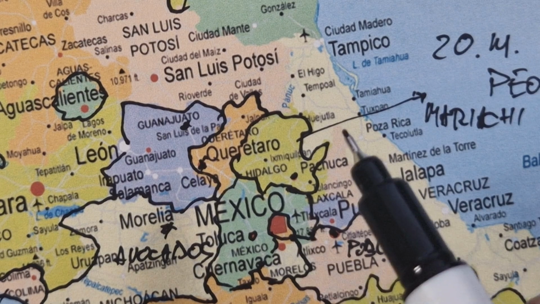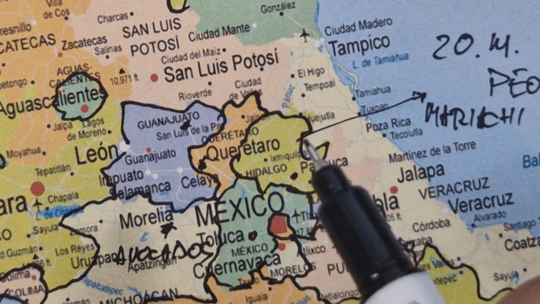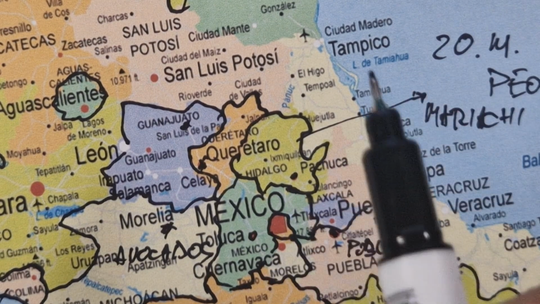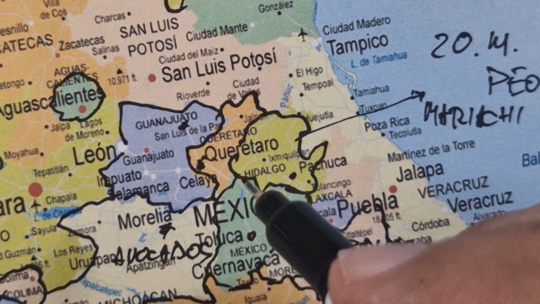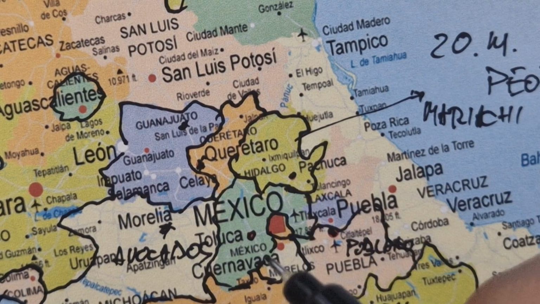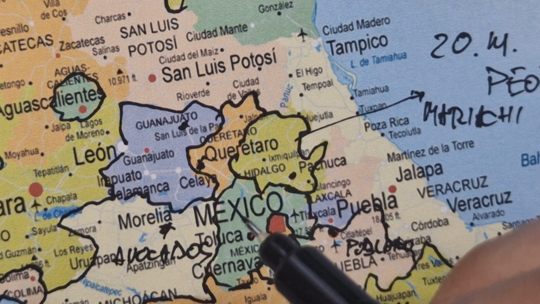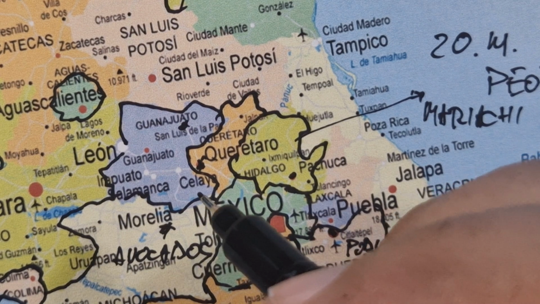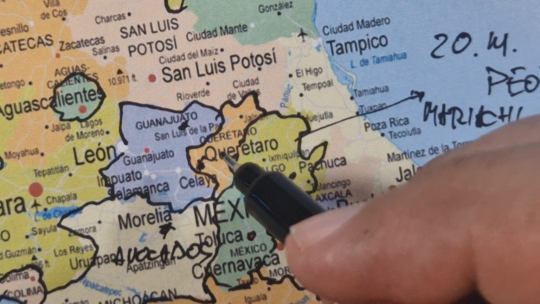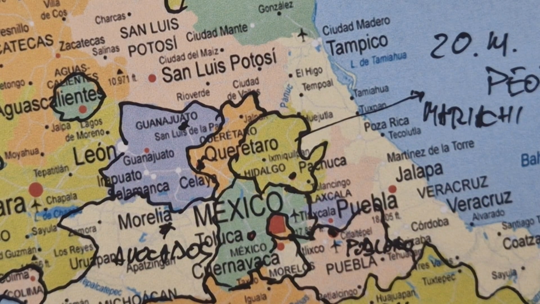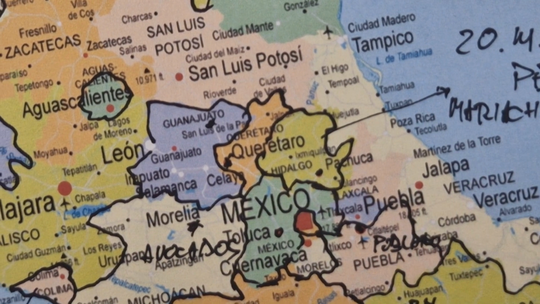Querétaro is considered an excellent example of a Spanish colonial city, and its well-preserved historic center was designated a UNESCO World Heritage Site in 1996. So they are producing very nice, cool beer.